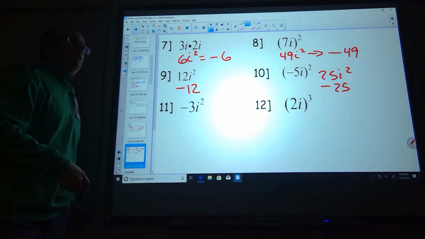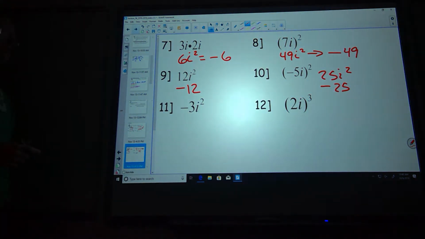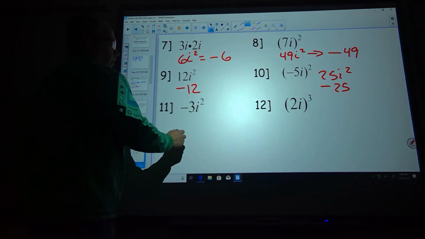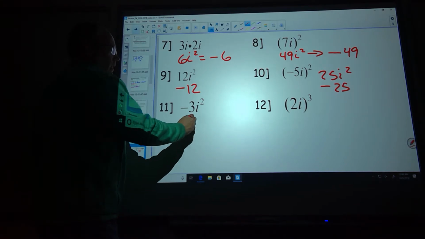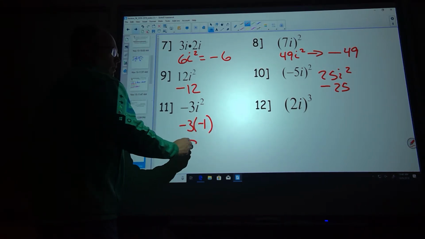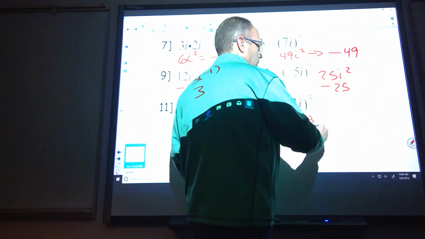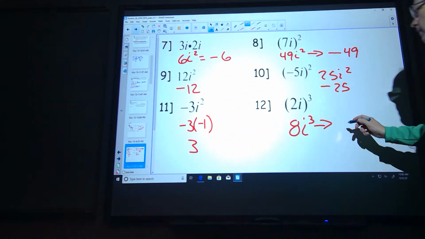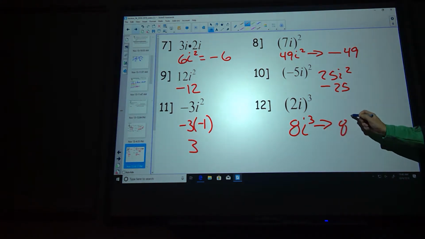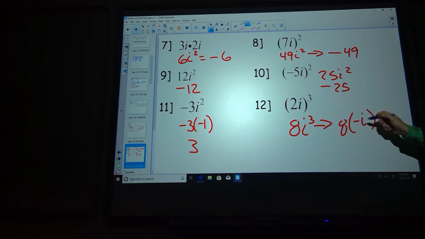Notice a lot of times when you have i squared, you get rid of your complex number. And then this is going to give me negative 3 times negative 1, which gives me just 3. And that's going to give me 8i to the third. And we said i to the third is equal to negative i. So 8 times negative i is negative 8i.